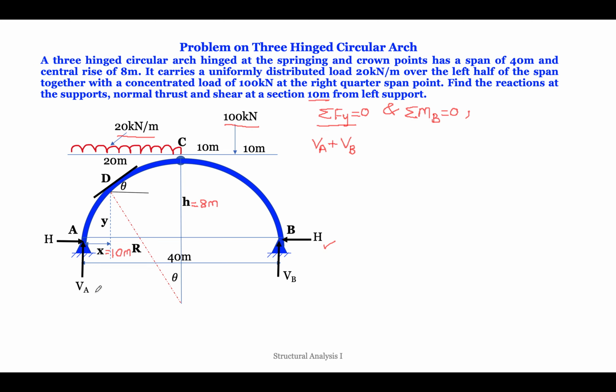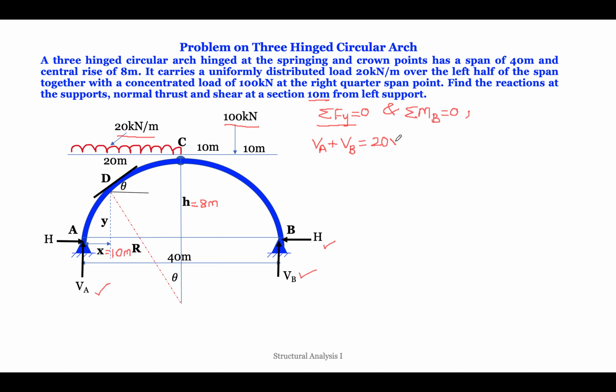You can see support A has VA and support B has VB, which is equal to the load here. That is 20 kilonewton here, and there is a 100 kilonewton load acting. So 20 kilonewton is a UDL, in kilonewton per meter.